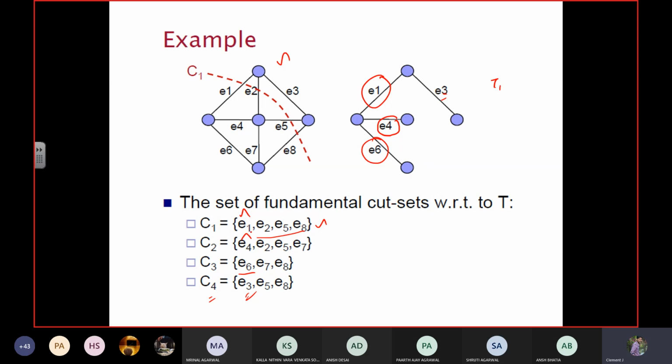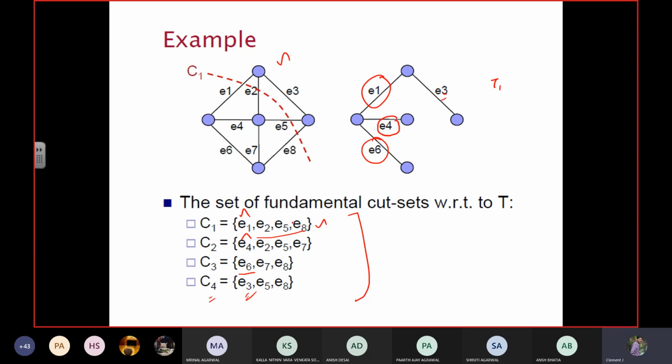See here, if E1 is used, it is not possible to insert another branch of the spanning tree. So certainly it is possible to have as many cut sets in your original graph as the number of edges of the spanning tree.